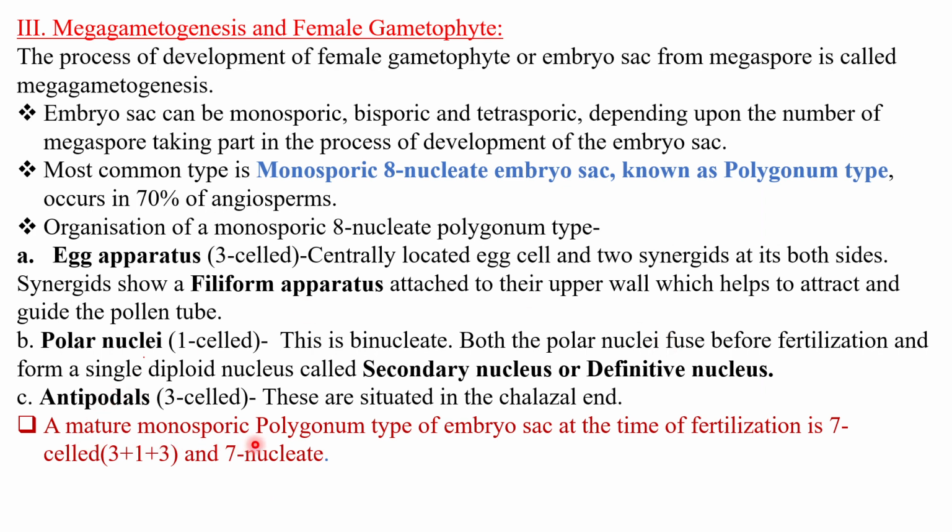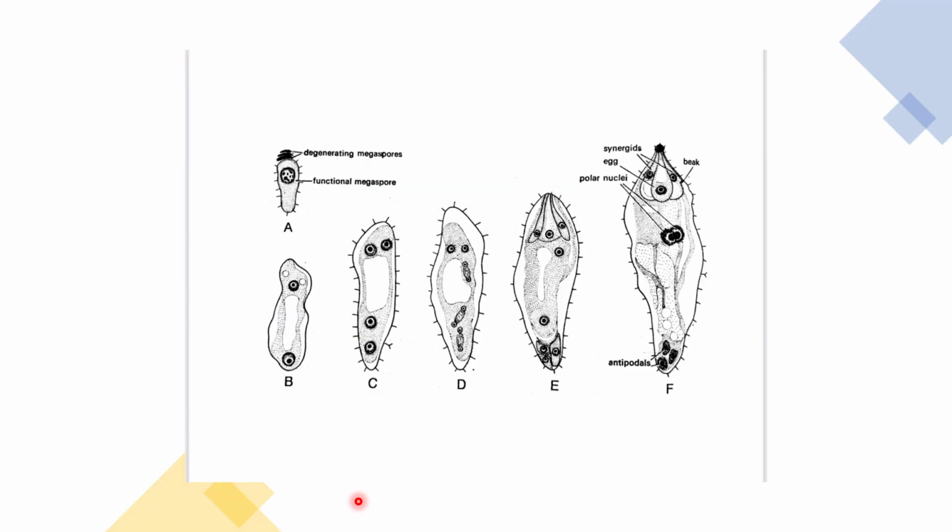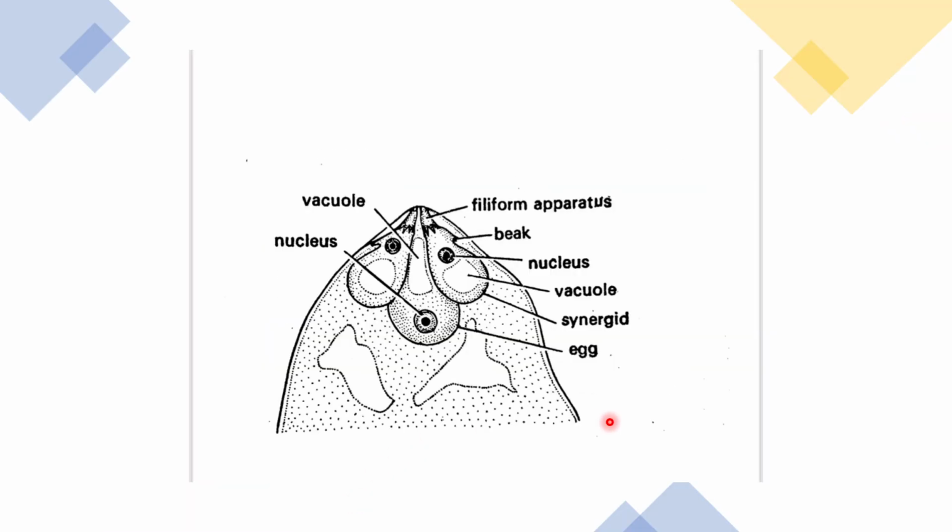So a mature monosporic Polygonum type embryo sac at the time of fertilization is 7-celled, 3 plus 1 plus 3, and 8-nucleate. This is all about the development of the female gametophyte or embryo sac from the megaspore, with diagrams.